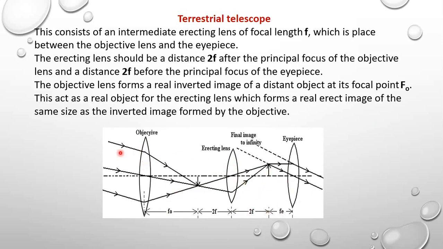So the objective forms an intermediate image which is real, and that real image acts as the object for the erecting lens, and then it is going to form a final image here, which is going to be real and upright, erect. Then after that, this acts as the object for the eyepiece, and the final image is going to be at infinity.